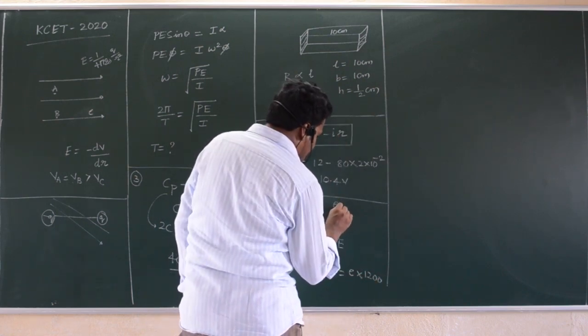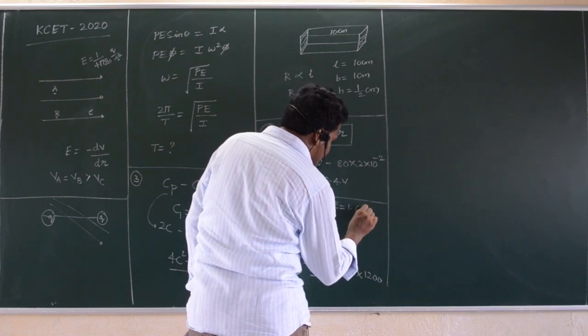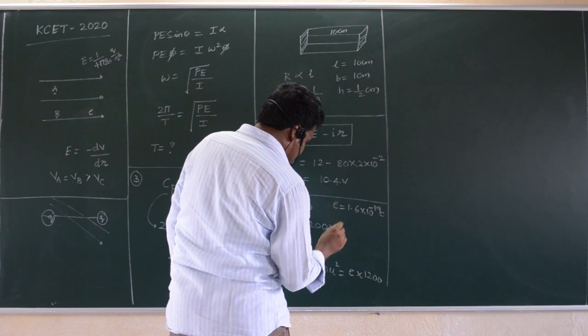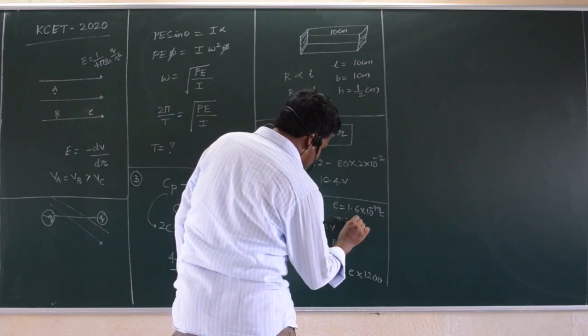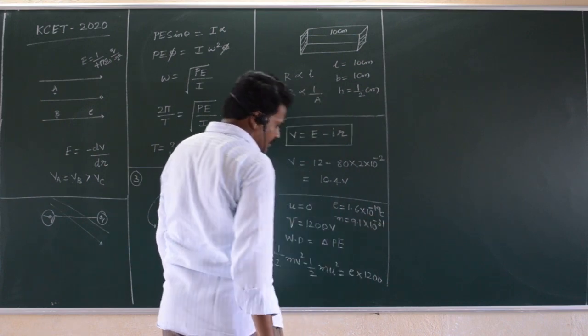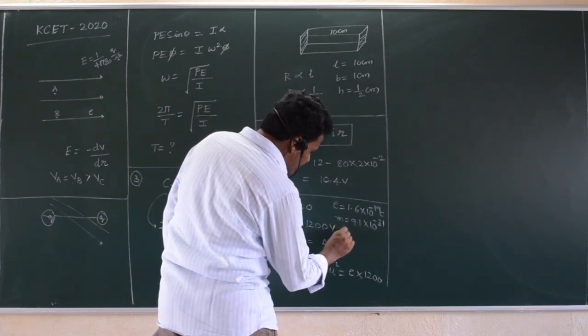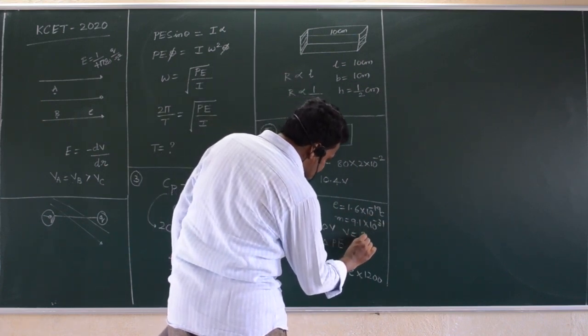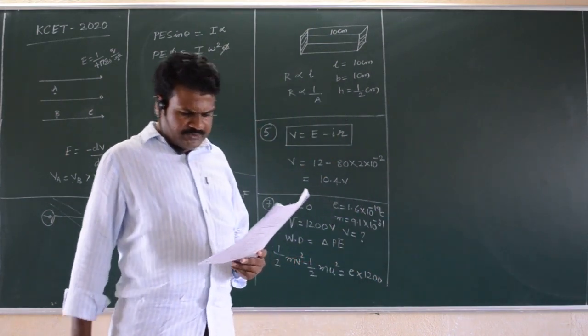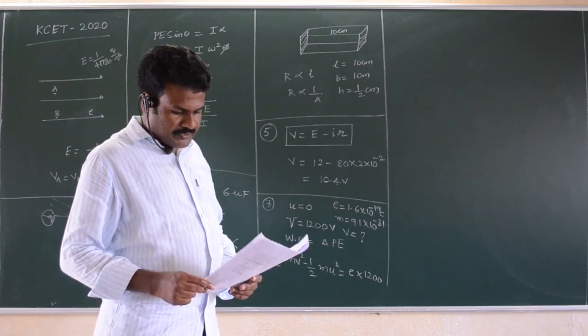Substitute e is equal to 1.6 into 10 to the power of minus 19 coulombs, and the mass of the electron is 9.1 into 10 to the power of minus 31. Then u is equal to 0. Find v. You will get 2.1 into 10 to the power of 7.